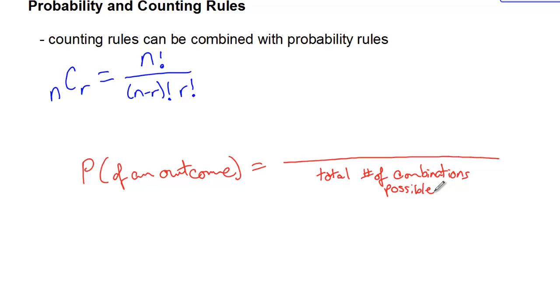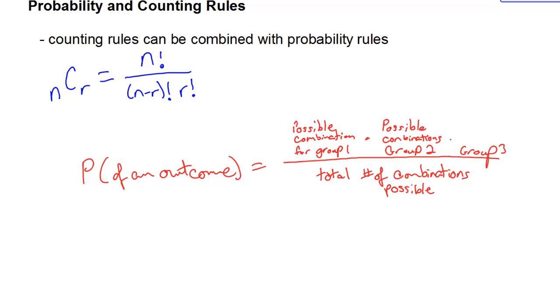So we're going to look at the possible combinations for group 1 times the possible combinations for group 2, and if we wanted group 3, however many groups we have, I can keep on going, group 4, group 5.